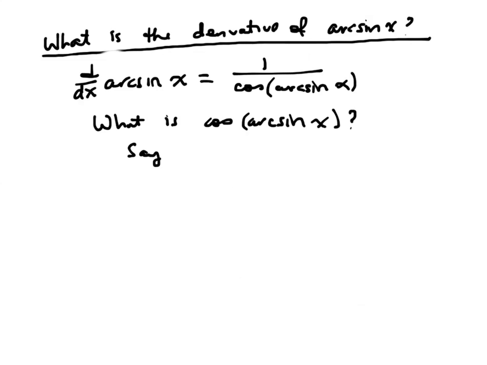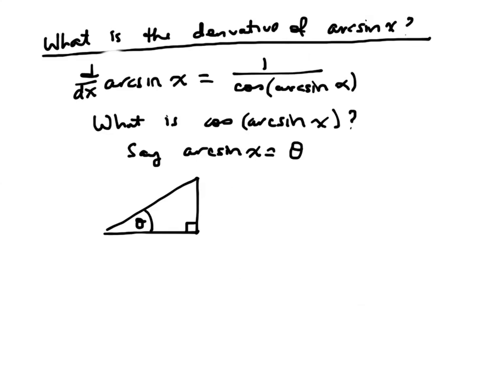Well, let's say that arcsine of x is equal to theta. Remember again that all the inverse trig functions, their outputs are angles. So let's draw the triangle, and this angle will be theta.